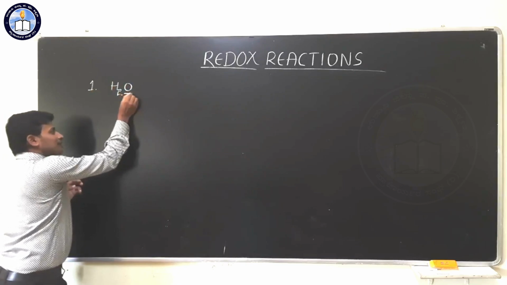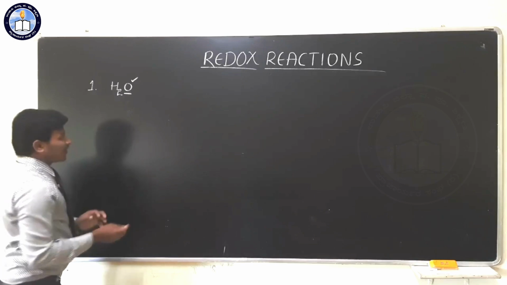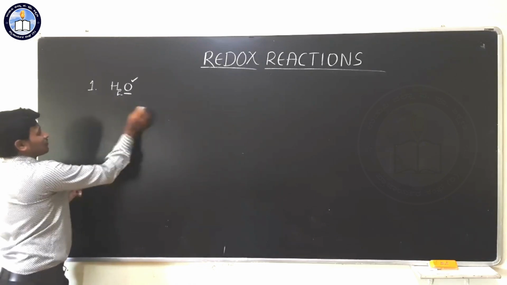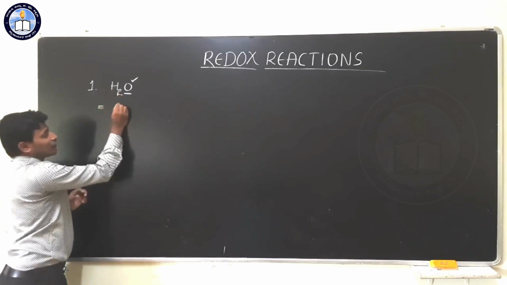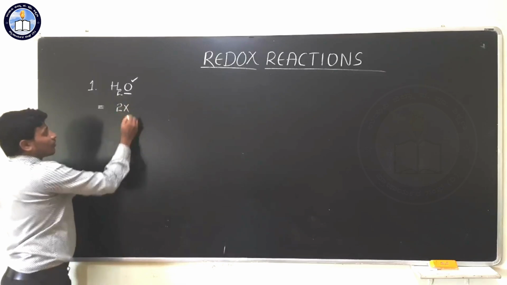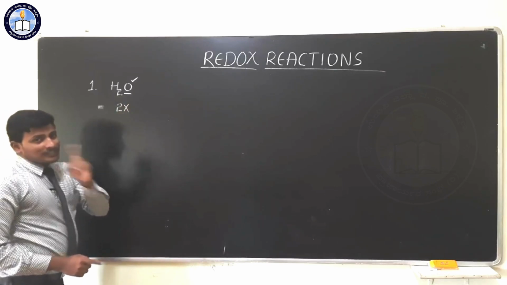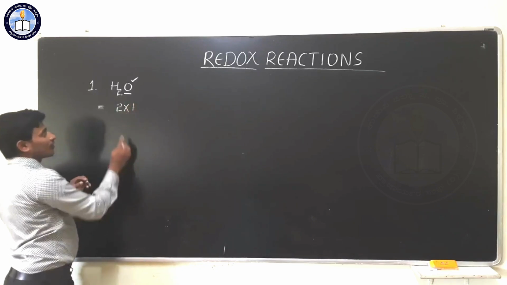If I underline, it means this is the one we need to find out. Step by step we will go. There are 2 hydrogens, therefore I have to make it 2. Then the value of hydrogen is plus 1 from the rule, so I write 1.